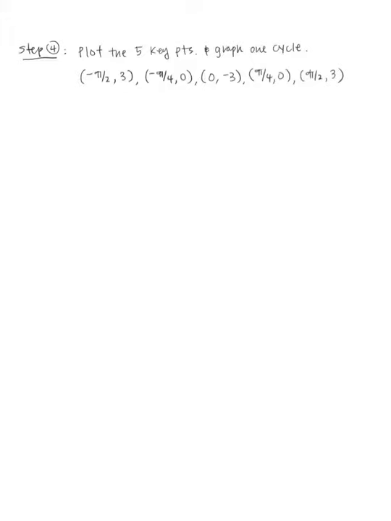Does it look like equal lengths to you? Anyway, this is negative pi over 2, negative pi over 4, 0, pi over 4, and then pi over 2. You're going to go up 3, down negative 3.